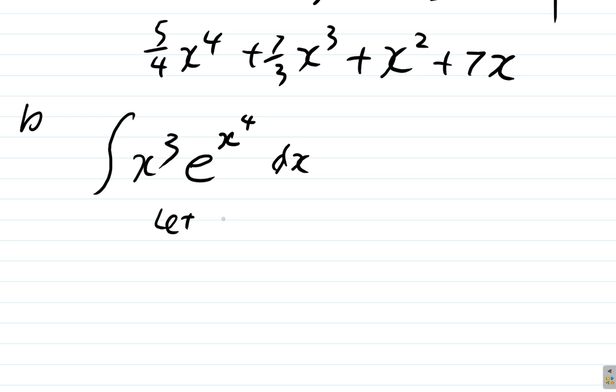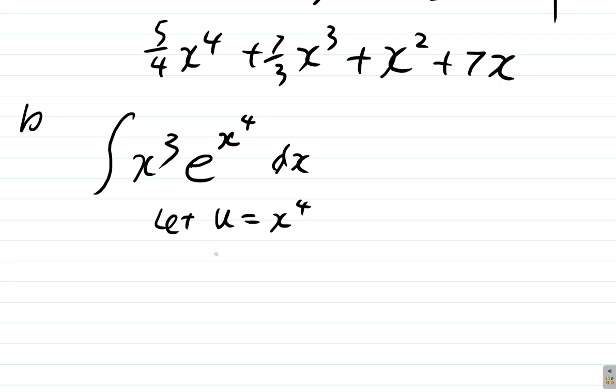Let u be equal to x to the 4th. Alright? Because that's a function within the other function. Hopefully, we can differentiate u and have it cancel out the x cubed. But let's see what happens here.